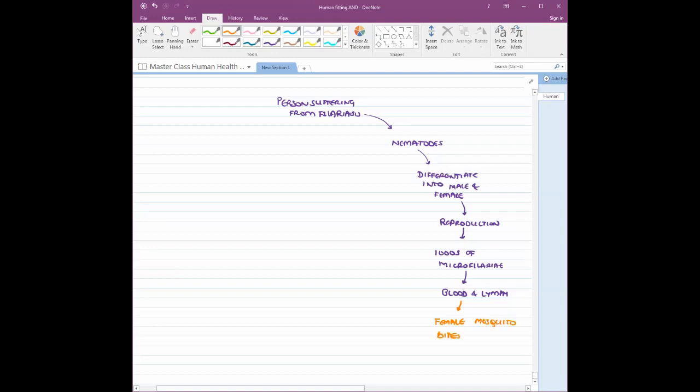So when the female mosquito comes and bites, immediately you will see that the female mosquito bites this person. You are going to see that the microfilaria enter into her body.